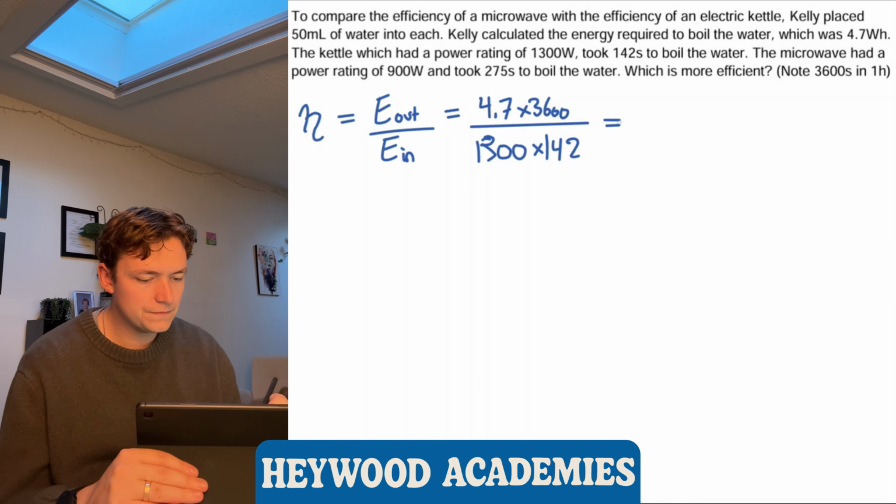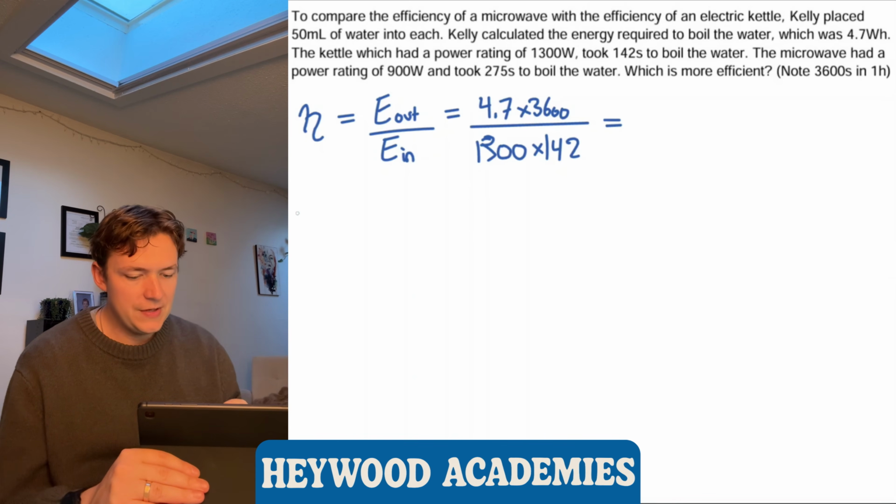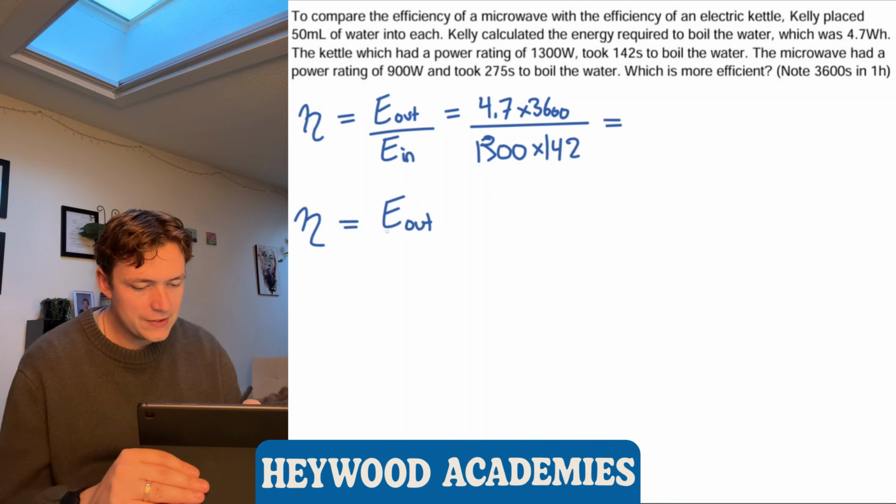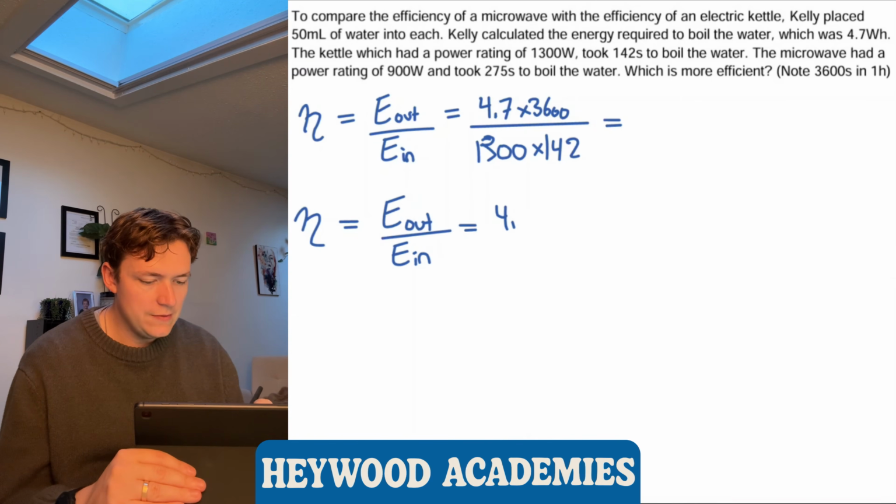So that's going to be our setup for the kettle. And then we can do a similar setup for the microwave, and then we'll see which one is more efficient. So for the energy out, it's going to be exactly the same. The energy in, this one has 900 watts, and it took 275 seconds.